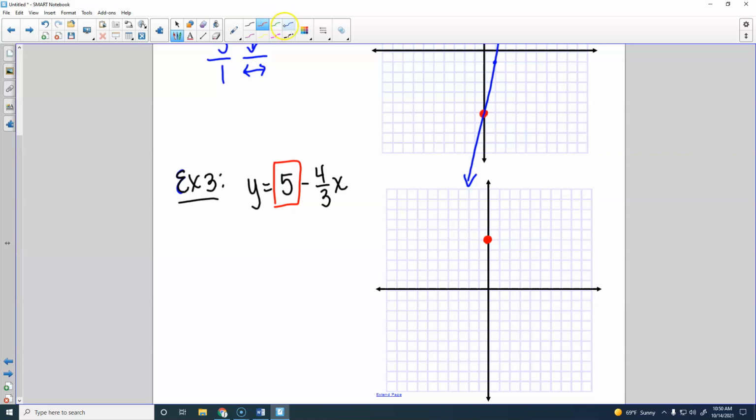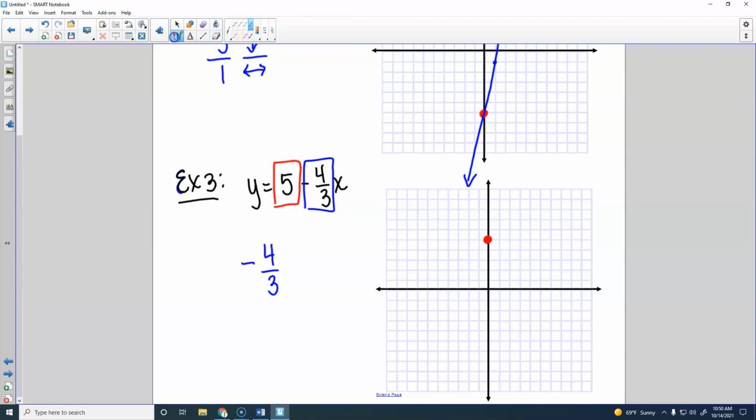Okay, so from here, right here is my slope. It is a negative 4 thirds. So from here, I would go down 1, 2, 3, 4. When you say over, do you mean right or left? 1, 2, 3, 4, like that. Does that look like a negative slope on your line? All right, so the negative only goes with the top or the bottom. Don't put it in both places.